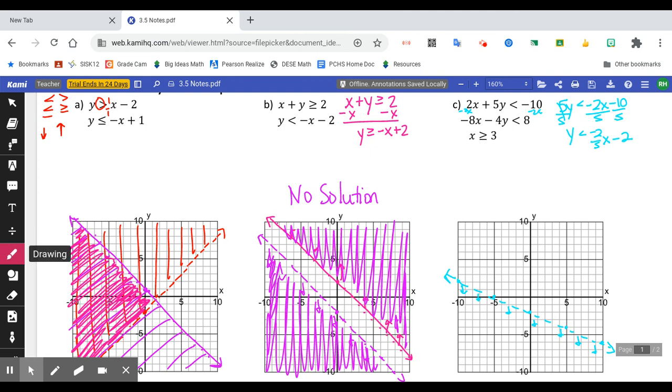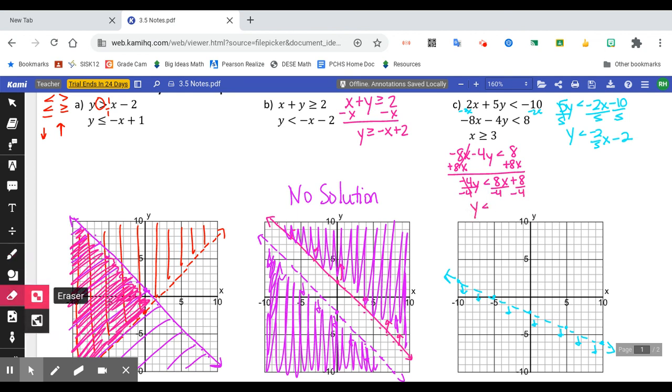We've got -8x minus 4y is less than 8. Add 8x. -4y is less than 8x plus 8. Divide by -4. So y is, I'm sorry, flip it, because we just divided by a negative. Almost forgot that. Greater than, this would be -2x minus 2. So I'm going to start at the same intersection.